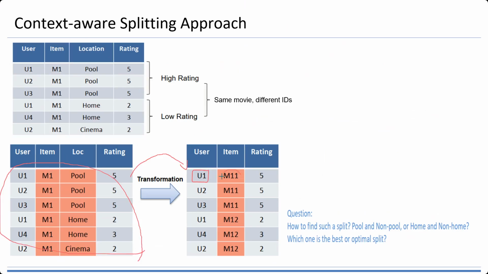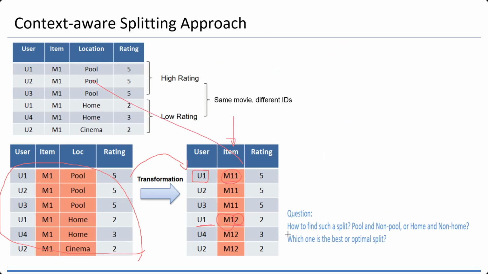When user one has M11, M11 means user one watched movie one in location one, and U1, M12 means user one watched movie one at location 2. So the item is transformed from M1 into M11 or M12 or M1T and so on.